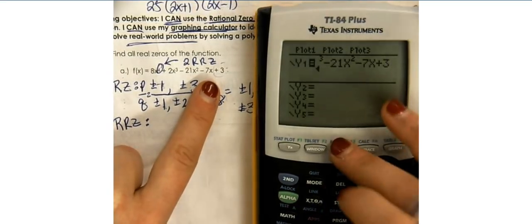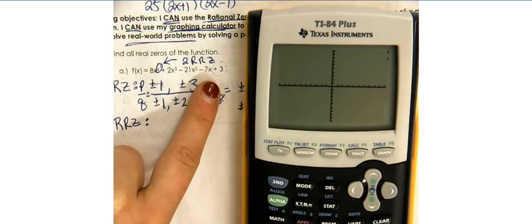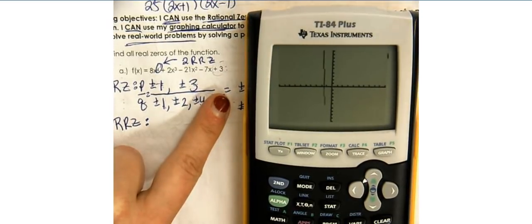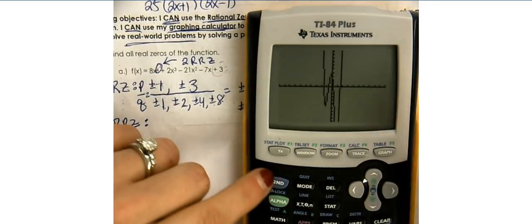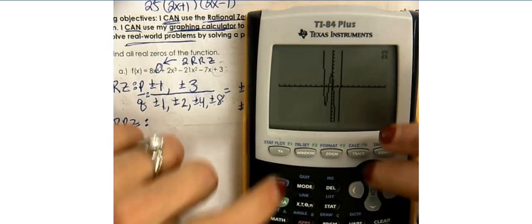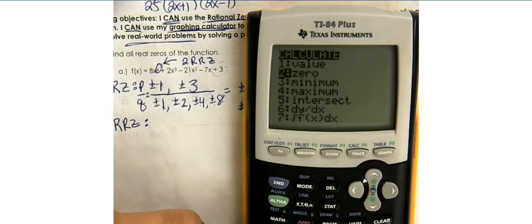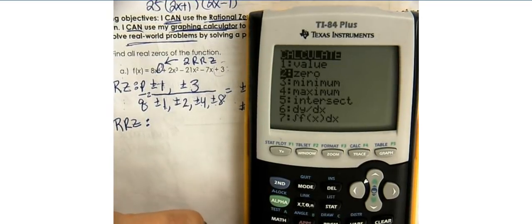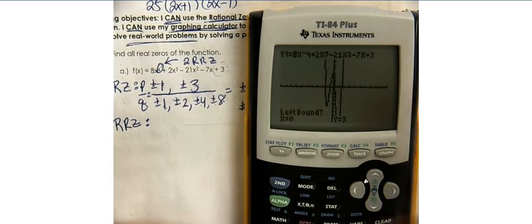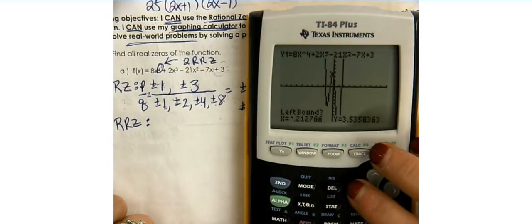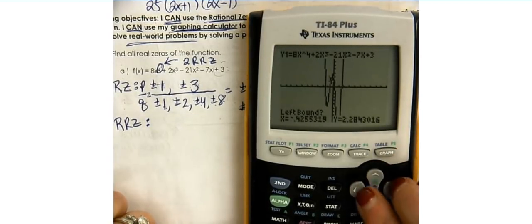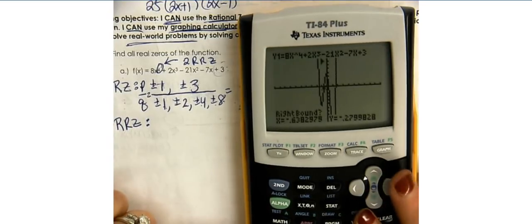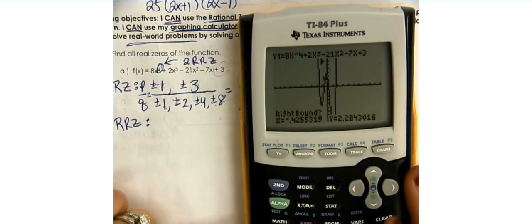I'm going to press zoom 6 so I can see my standard screen, and I need to identify 2 rational zeros. So I'm going to press 2nd trace, go down to zero, press enter, and I'm going to try this one. Here's an x-intercept. I go to the left of it and press enter, then to the right, press enter, and then enter.